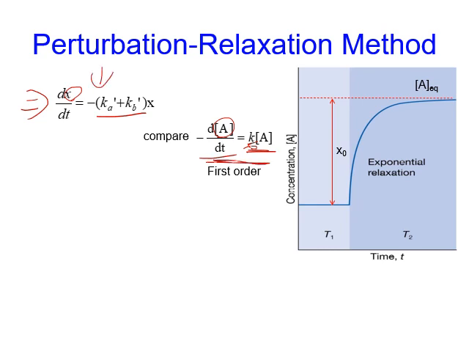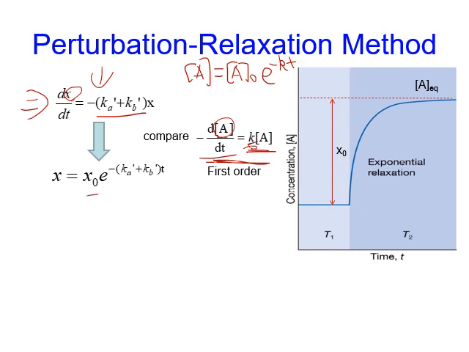For example, in a first order reaction, the concentration A is the initial concentration times e to the negative kt, and therefore we can write x equals x naught, the initial x, times e to the negative sum of the two k's times t.